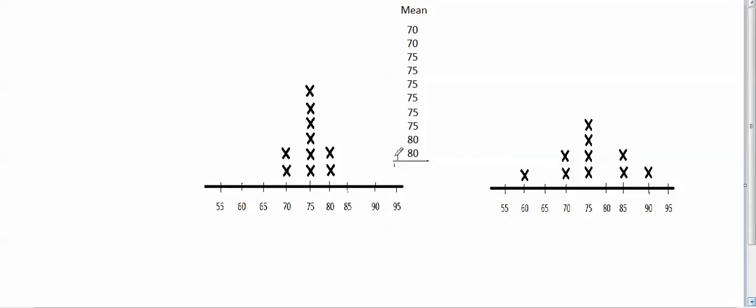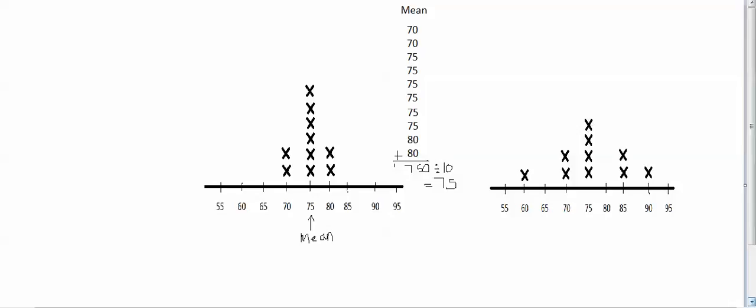And to get the mean, I have to divide the total by 10. I have to divide the total by the number of numbers. This one comes out to 75. So the mean of this first class is 75. I'll label the mean right here. It makes sense that the mean would be 75 because remember that the mean falls somewhere in the center of the data set. Now let's find the mean of this class.